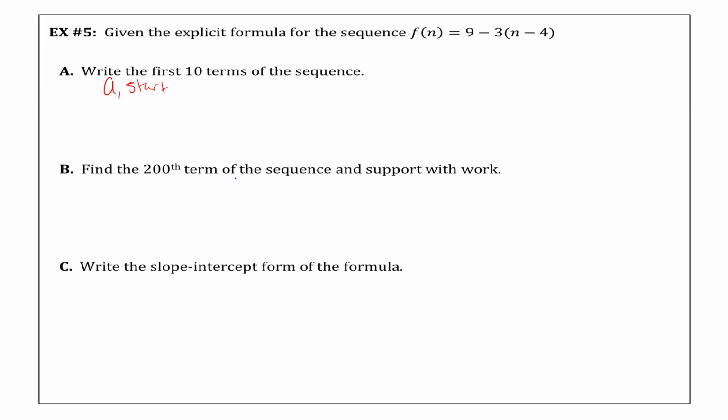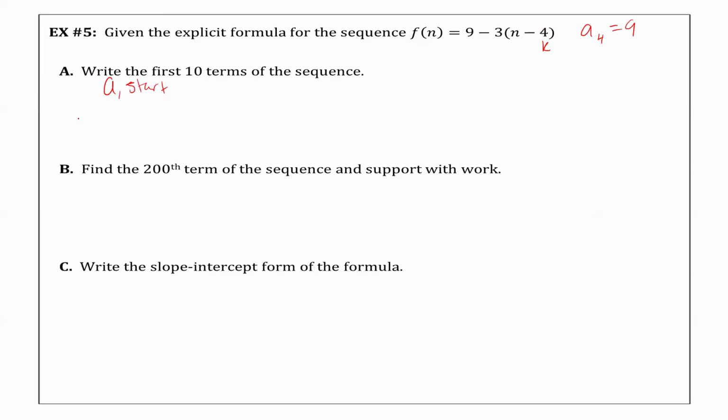Okay, so I just want to clarify. Let's look at our equation, guys. Notice here, this is in the format of n minus 3 times n minus 4. This means that I am not starting at A sub 1. This is giving me my A sub 4 equals 9, because my k is not 1, my k is 4. Do we see that?